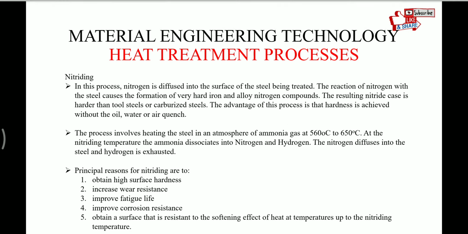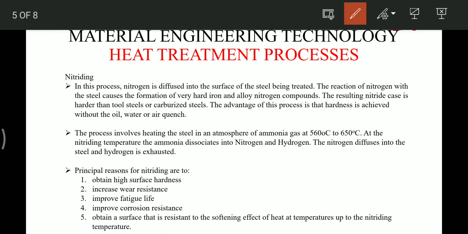Then the third way of case hardening is nitriding. So basically in this process nitrogen is diffused into the surface of the steel which is being treated. The reaction of nitrogen with the steel causes formation of very hard iron and alloy nitrogen compound.